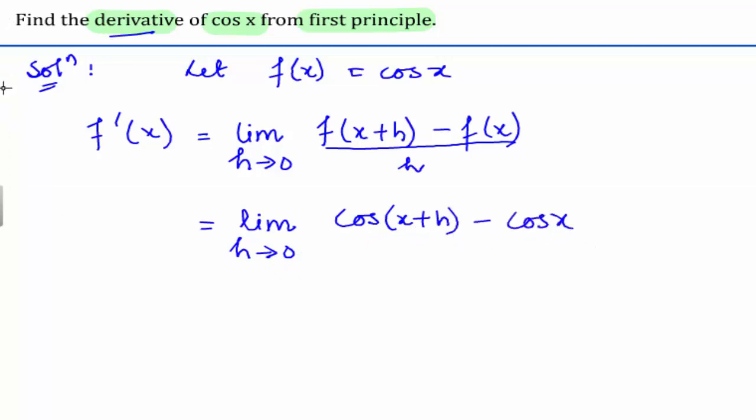Now we know that cos a minus cos b is equal to minus 2 sin of a plus b divided by 2 into sin of a minus b divided by 2, and here a is x plus h and b is x.